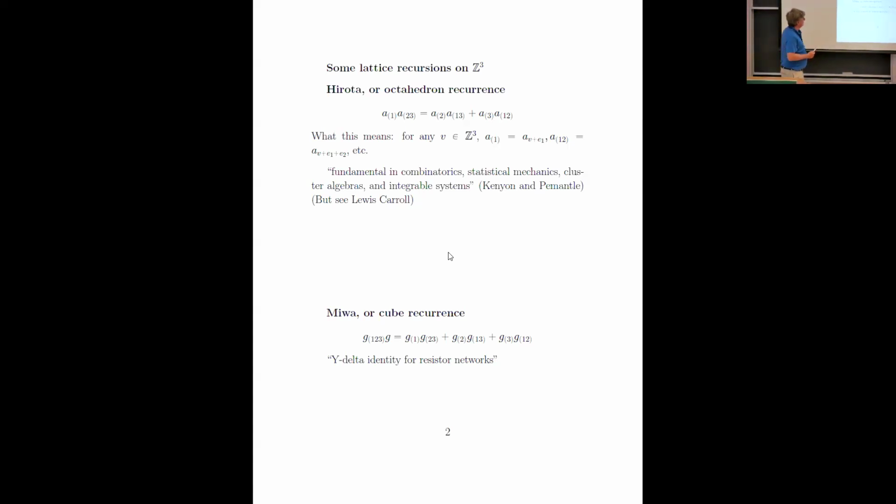There's a cube recurrence due to Miwa, which I think occurs in more than this, perhaps a little bit obscure edition, but this seems to be the first one according to Kenyon and Pemantle, where it's again the same notation, but this time you're computing the thing that's out here in terms of what's coming before.